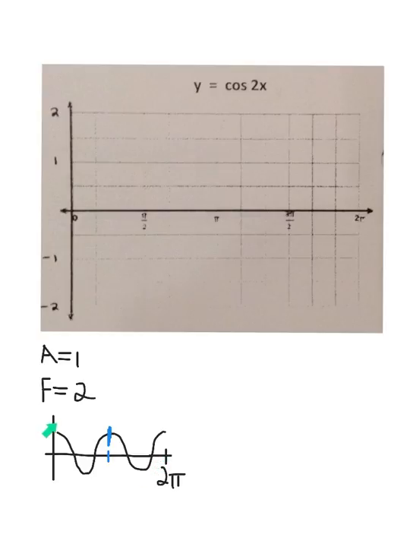So I'm going to start at a maximum, go down to a minimum, and back up to a maximum by the time I get to pi. Okay, so let's make that look pretty. Our amplitude is 1, so I know that I'm starting at 1. And at pi, I'm finishing at 1. And then in the middle, which is pi over 2, I'm going down to its minimum.